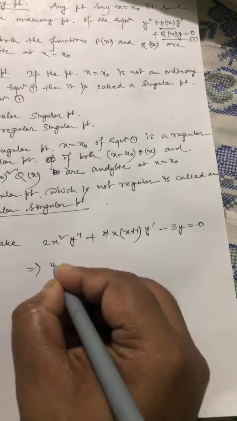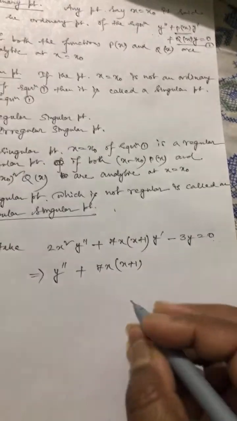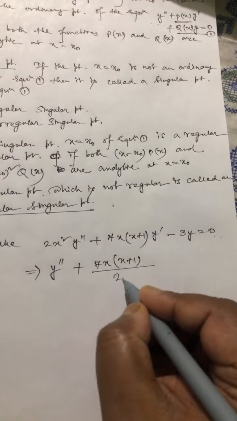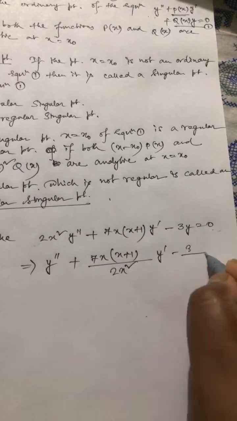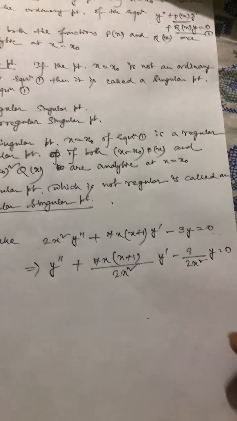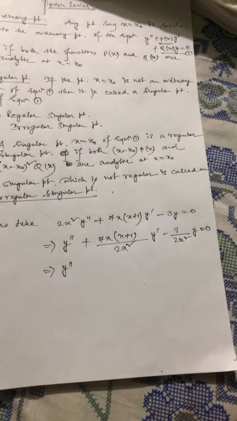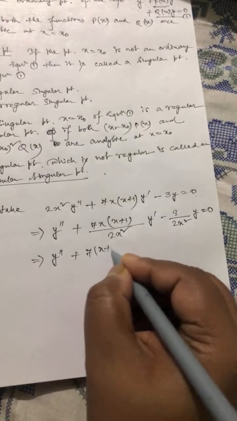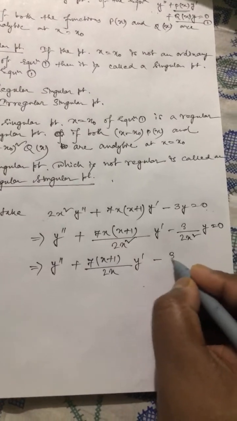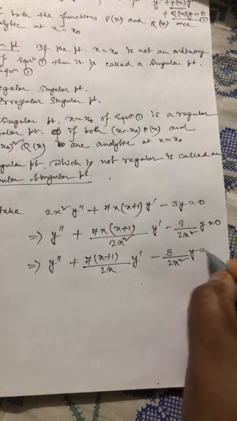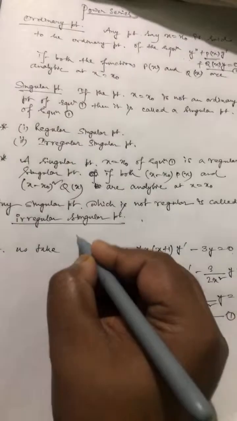So we can say y double dash plus 7x into x plus 1 divided by 2x square, then y dash minus 3 by 2x square into y, that is equal to 0. So this part can be written as y double dash plus 7 into x plus 1 by 2x into y dash, and then minus 3 by 2x square into y, that is equal to 0. Now say this is equation 1.